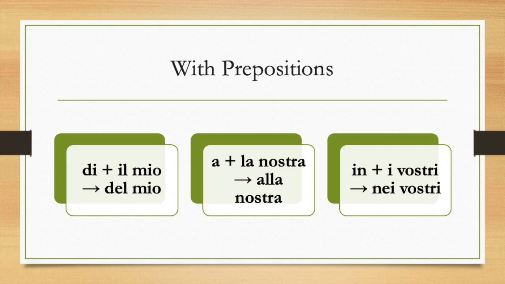In plus i vostri becomes nei vostri. So, if you want to say in my backpack, you don't say in il mio zaino. Instead, you combine everything. In plus il plus mio equals nel mio zaino. So, in my backpack in Italian is nel mio zaino.